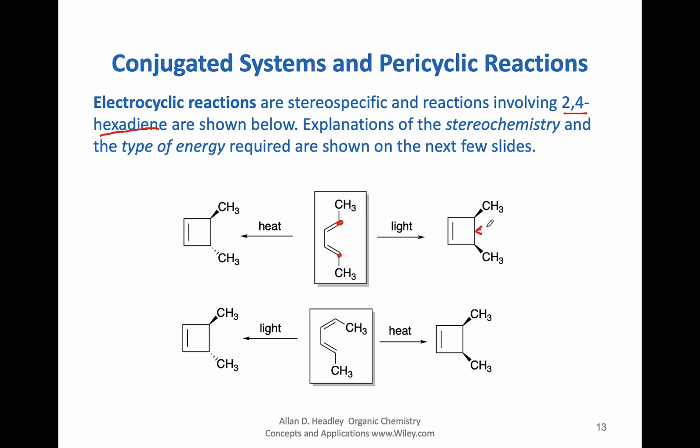In light, it forms the cyclobutene, but with special stereochemistry here. In heat, it also closes up, but notice the stereochemistry is different. It's a trans arrangement, and this is a cis arrangement.